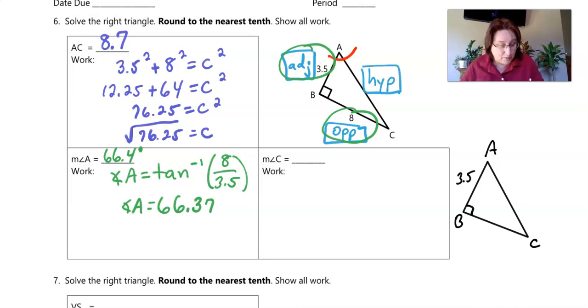So here's 3.5, here is 8. This time it says that we are looking for angle C. All right, guys, go label this triangle, and tell me which of the inverse trig functions you would use to find angle C.